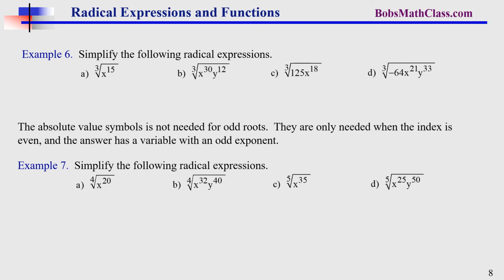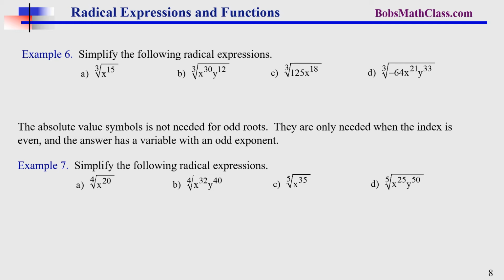Okay, some cube roots. Now again, remember that the absolute value symbols are not needed for odd roots. They are only needed when the index is even. In this case, our index is 3, so our index is not even, and the answer has a variable with an odd exponent. So again, we don't have to put any absolute values because our index is odd.